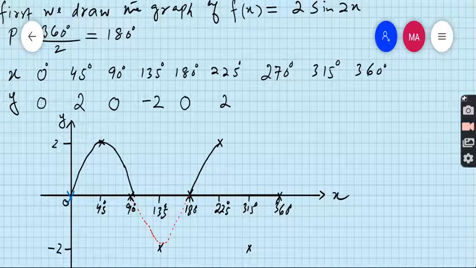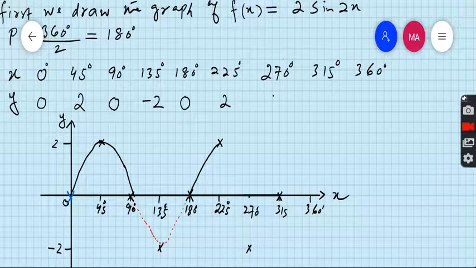So 2 into sine 2 into 270 is 0. This should be 270. This should be 315. This should be 360. So this was the problem.